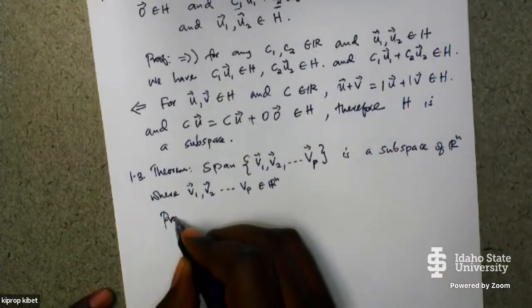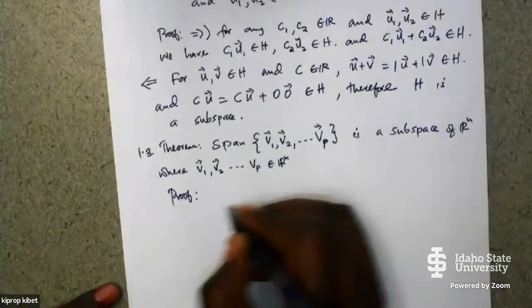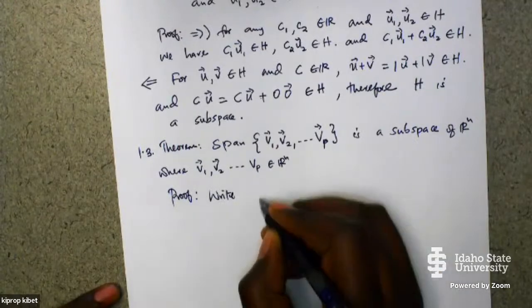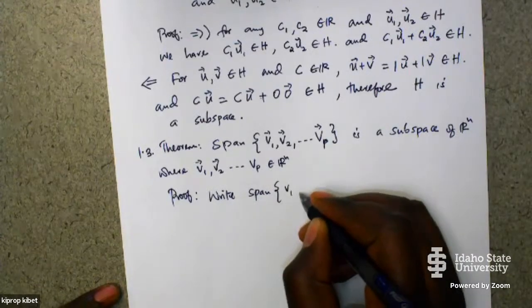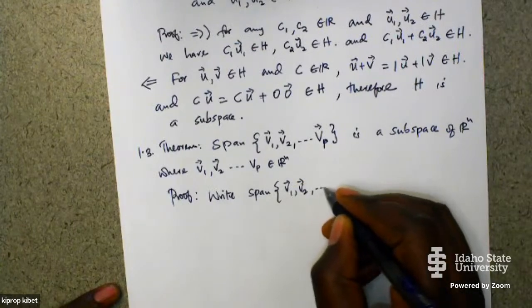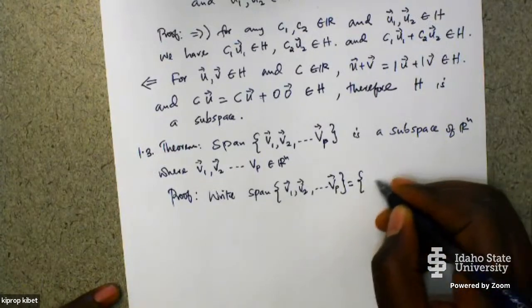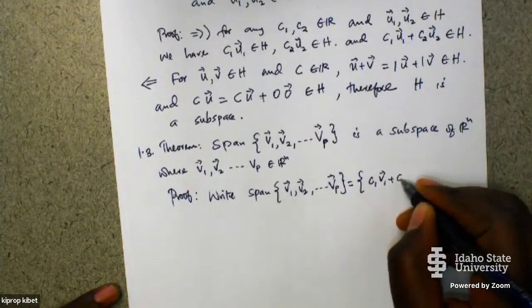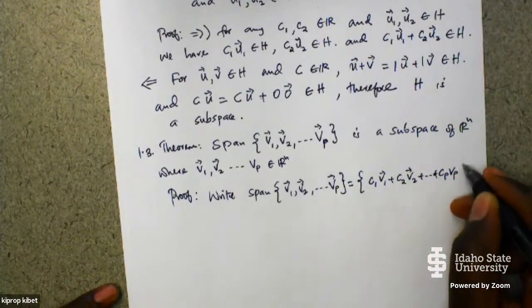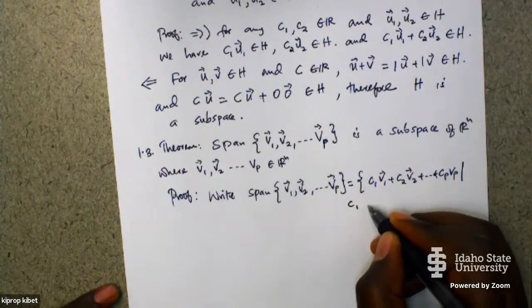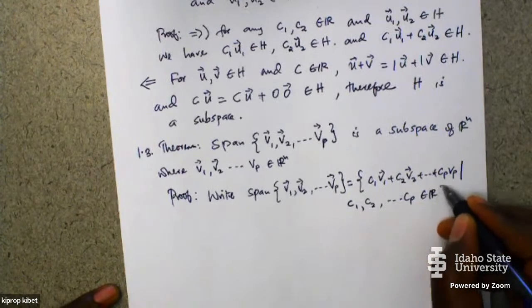So let's prove it. If we remember, we wrote the span of v1, v2, all the way to vp to be equal to c1 v1 plus c2 v2 plus cp vp, whereby c1, c2, cp are elements of real numbers.